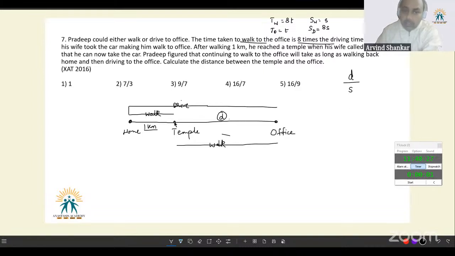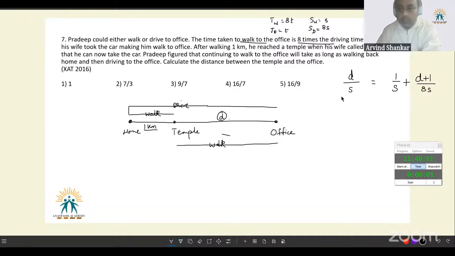And what time would it take him to walk back home? It would be 1 divided by s plus d plus 1 being traveled at the rate of 8s. 1 kilometer walk and d plus 1 kilometer drive. The times taken in either situation are identical.